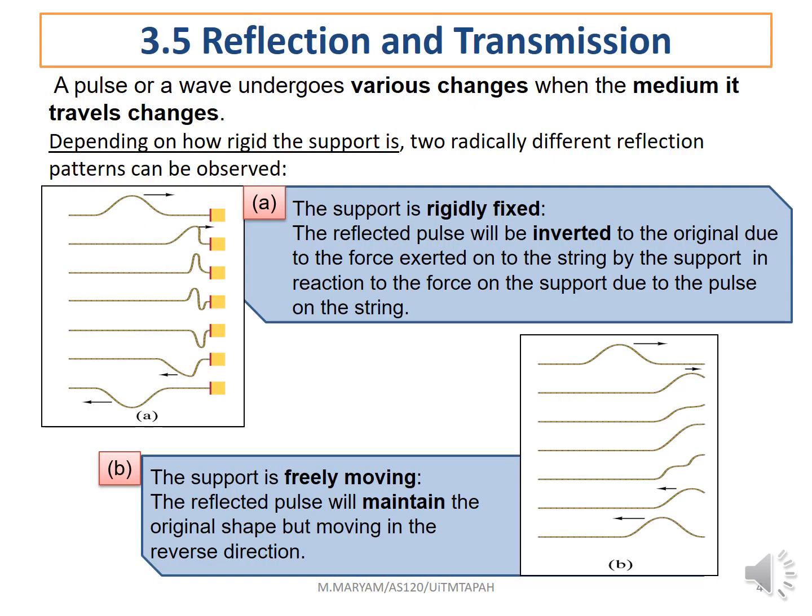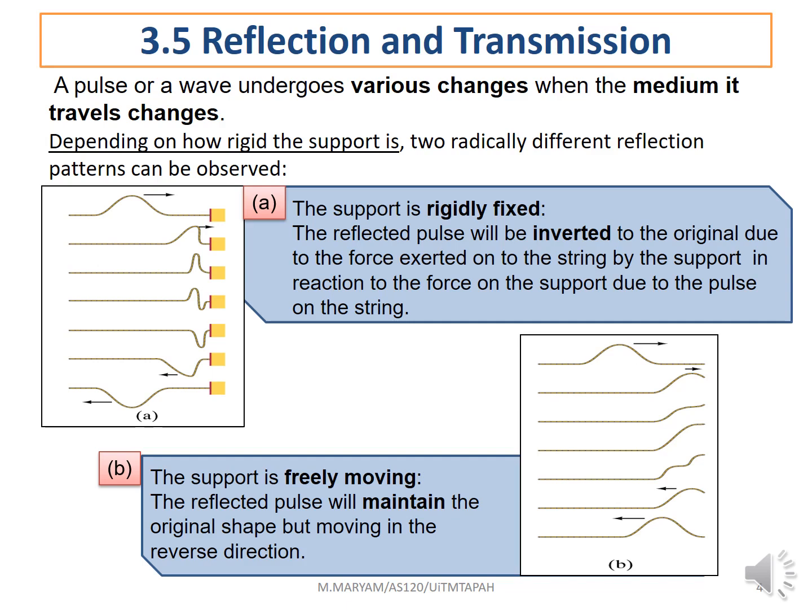Let's have a look at reflection and transmission. A pulse or wave undergoes various changes when the medium it travels in changes, as you can see in part A and part B. It depends on how rigid the support is. Two radically different reflection patterns can be observed. For example, in A, the support is rigidly fixed.